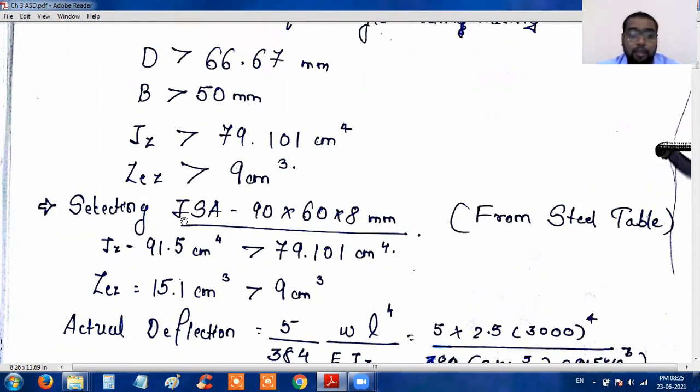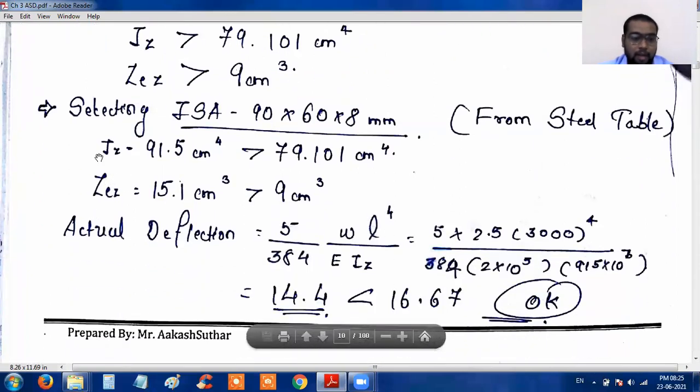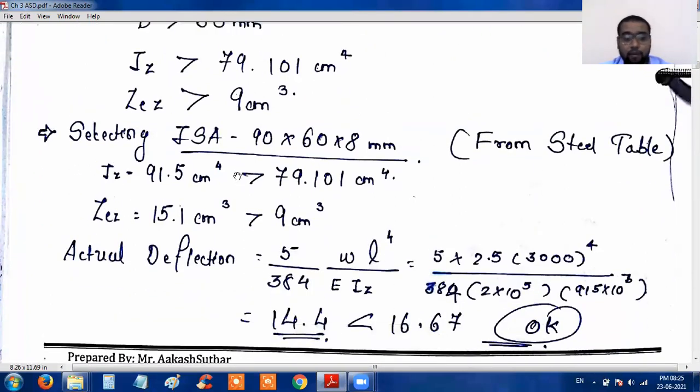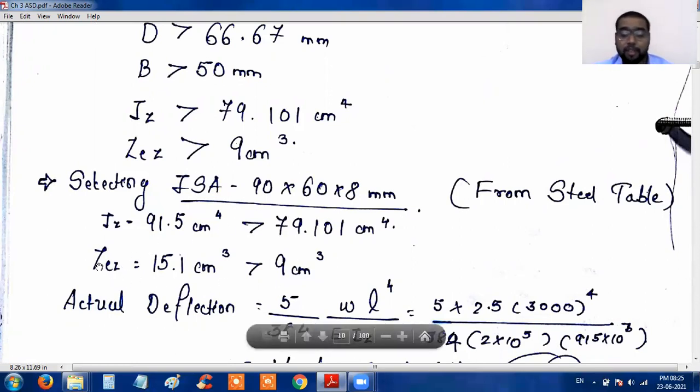Here considering the ISA angle section 90 by 60 by 8 mm. Now we have to see that the Iz value of that particular angle section is greater than our calculated Iz value. Then Zz means section modulus.